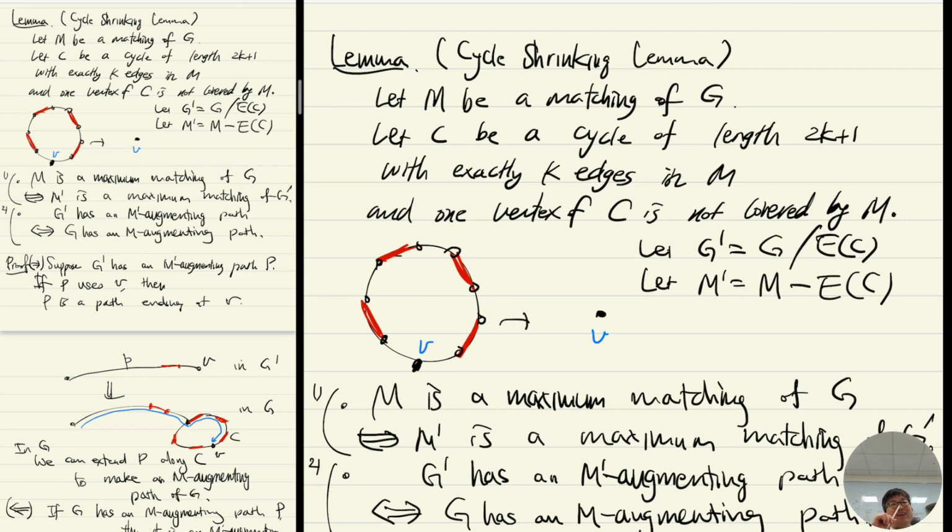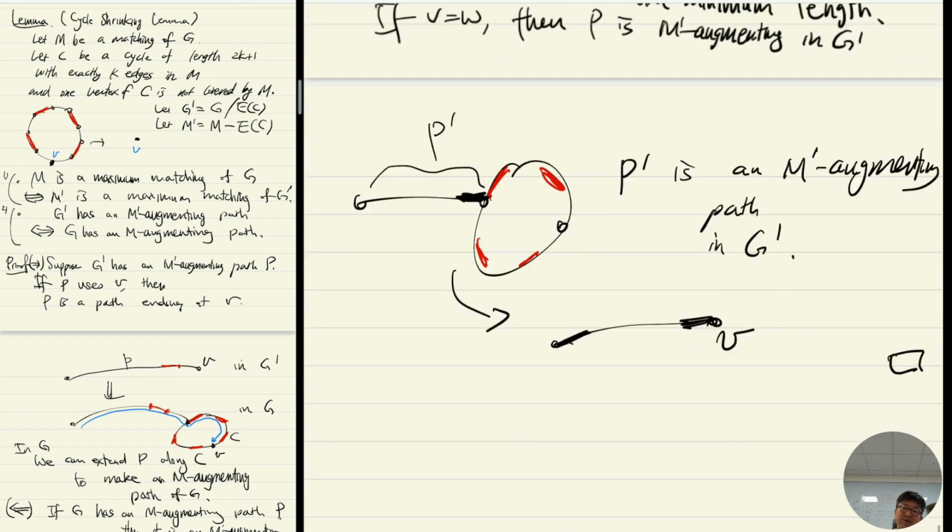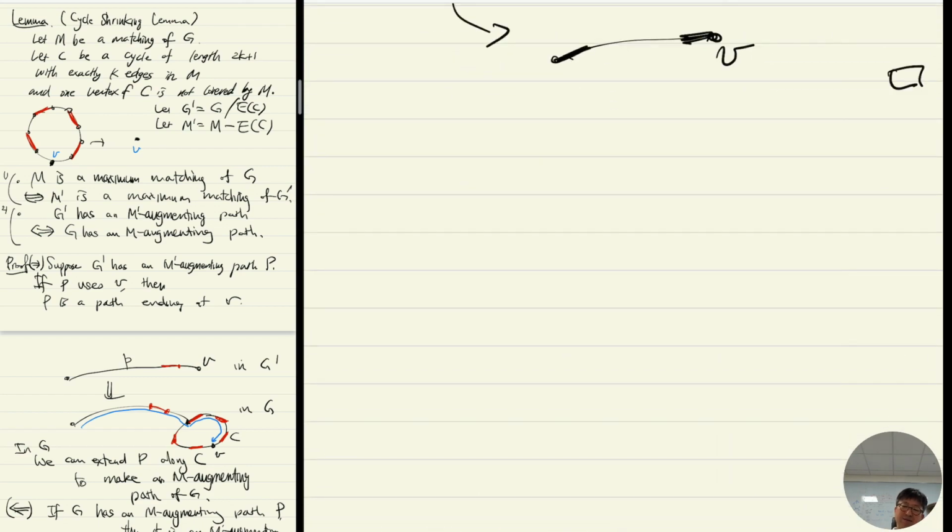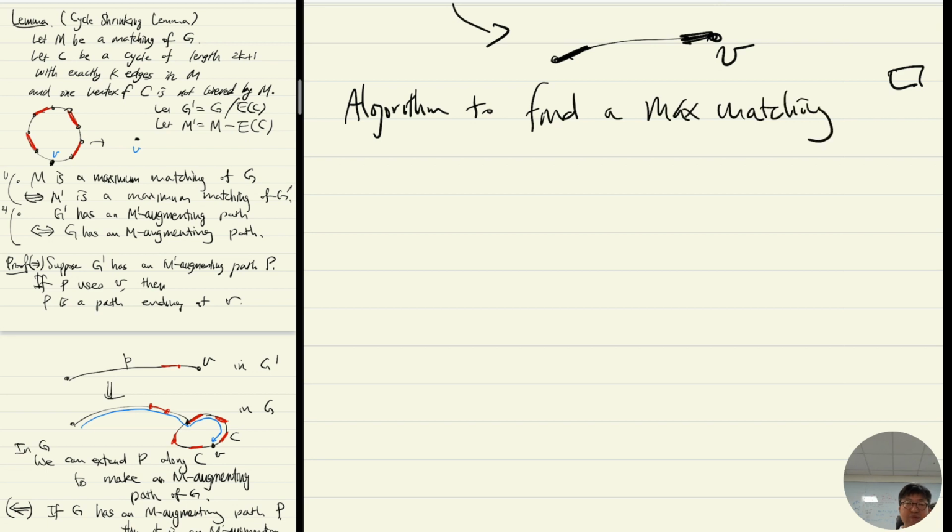And how do we use that to have an algorithm? So here's the algorithm. If you are familiar with recursive programs in computer code, then you may feel slightly easier.